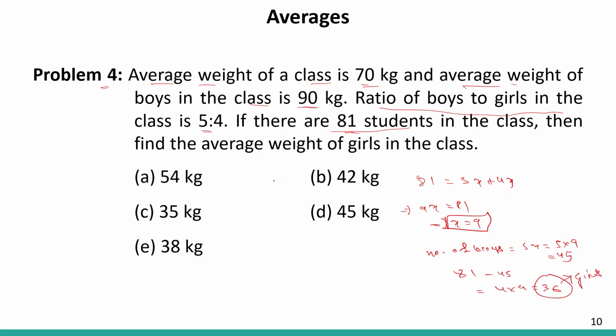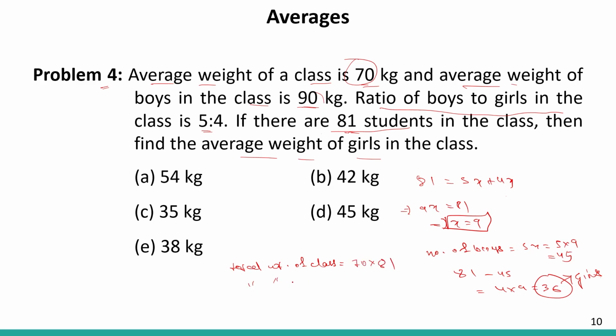So we want to calculate what? Average weight of girls in the class. Average weight of the class is this much amount and average weight of boys is equal to this much. So total weight of the class, or cumulative sum of all the weights in the class, is equal to 70 into 81, right?